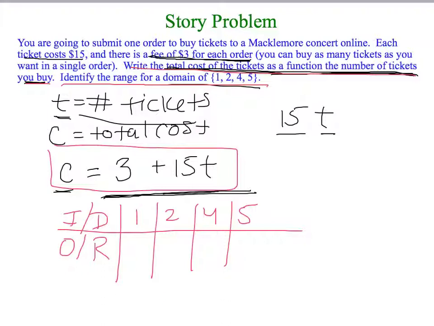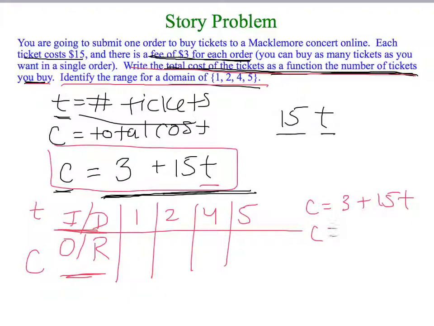If we substitute 1 in for our domain, this will be our t, because the domain is independent, and this is your independent variable. These are dependent, and C is your dependent variable. We can use C equals 3 plus 15t, and try that now.